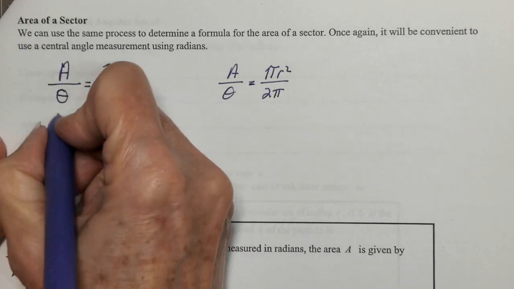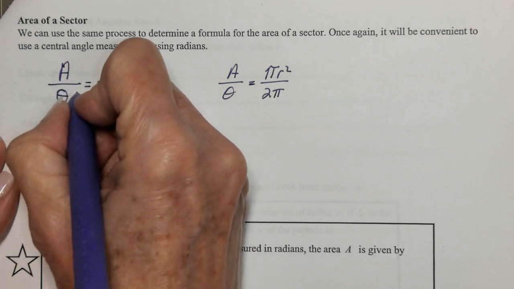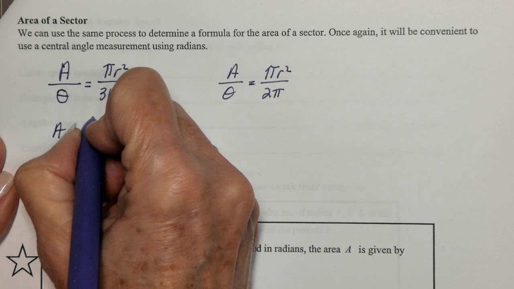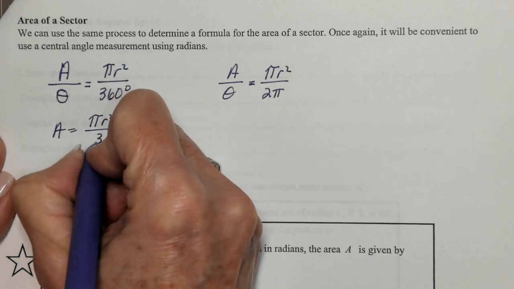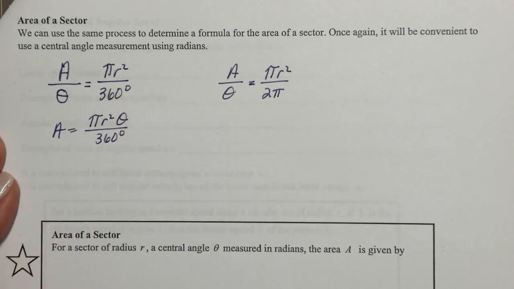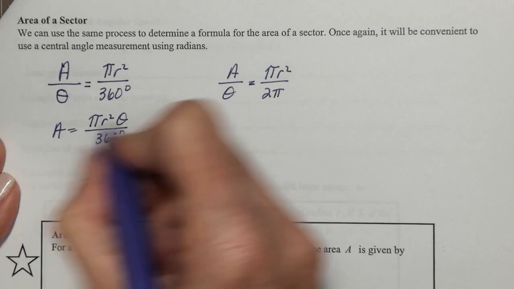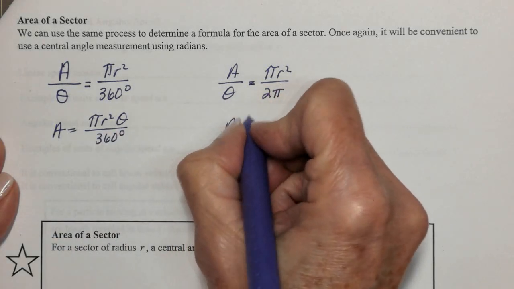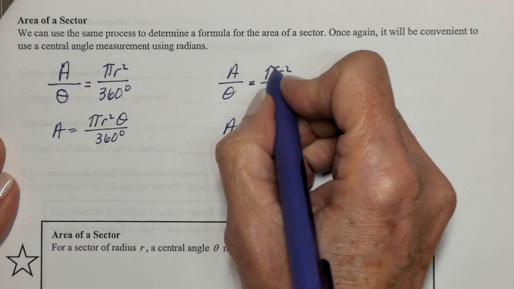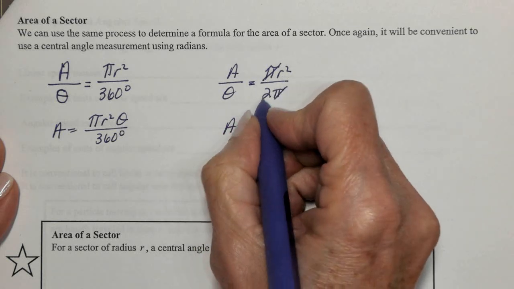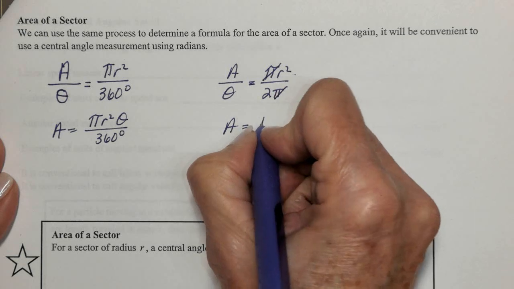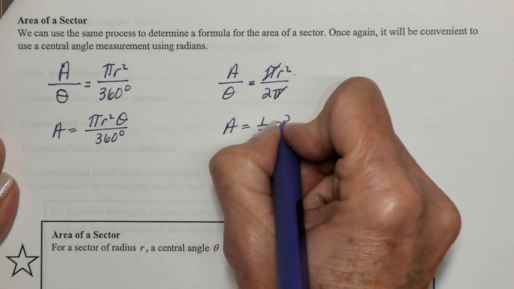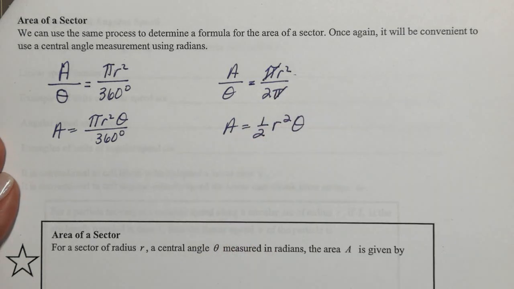On this side, if I solve for A, I'm multiplying both sides by theta, and I get pi r squared theta divided by 360 degrees. That's our formula if theta is in degrees. But if theta is in radians, when I multiply this over, the pi's cancel out, and I'm multiplying by theta, and instead of dividing by 2, I'll write that as 1/2 r squared theta.